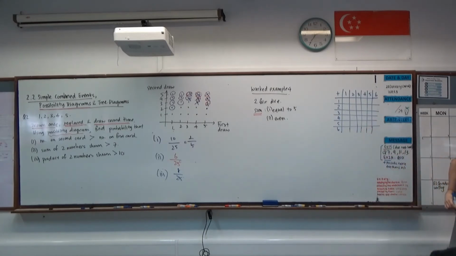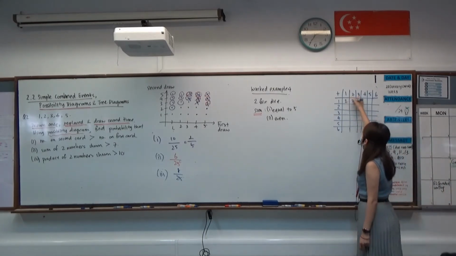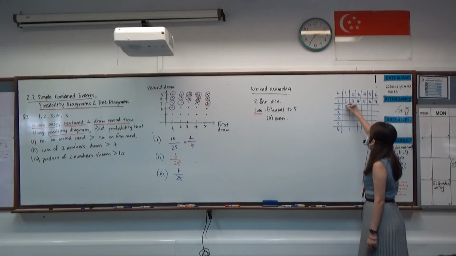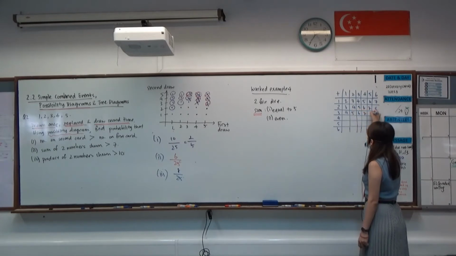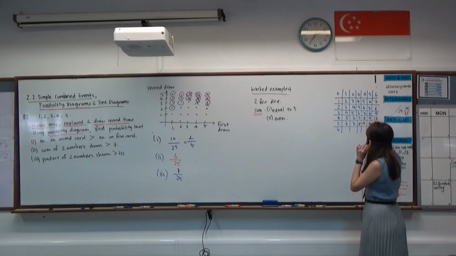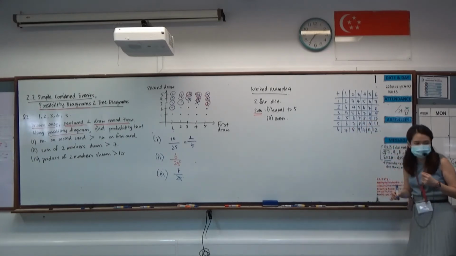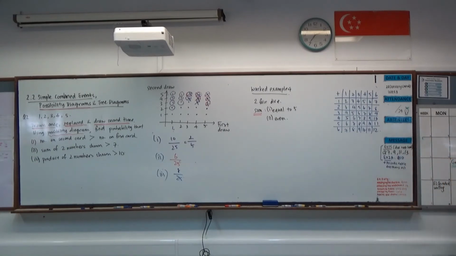Okay, then we can do a quick addition. Okay, so this is another possibility diagram where we put in the sum of the numbers into the table.